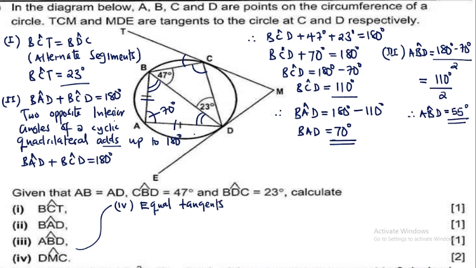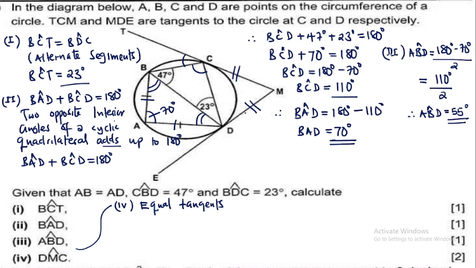As we can see, TCM and MDE are tangents. So the distance from C to M is equal to the distance from M to D. So meaning this and this, they are equal.